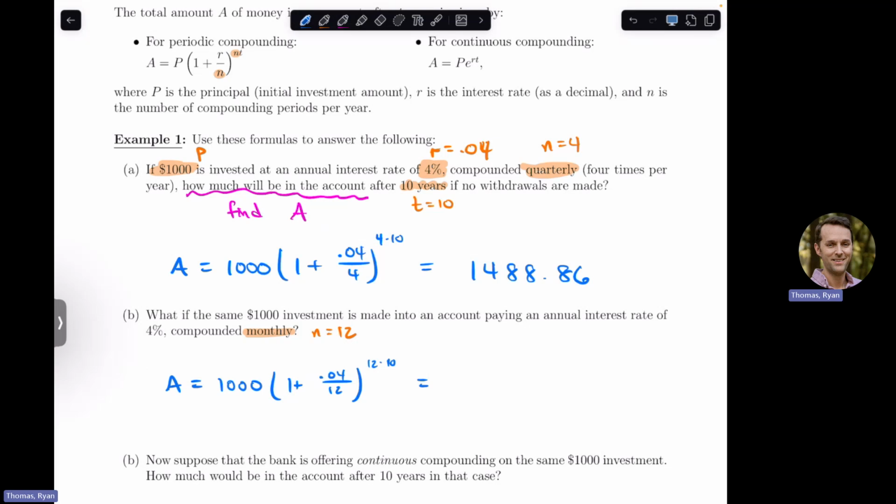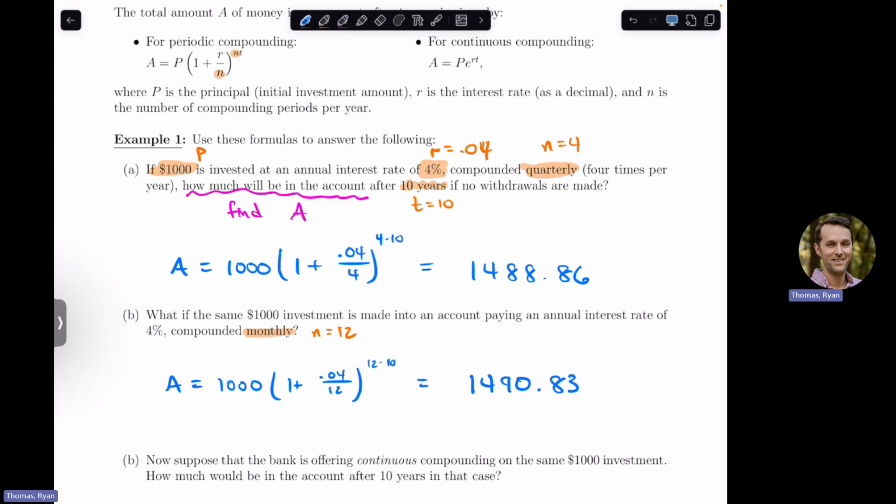It should be in the same ballpark though, right? For sure, it should definitely be around the same amount. The interest rate's the same, the amount of time is the same, the amount of money I put in is the same. I shouldn't expect to see anything radically different. What do you actually get? Okay, $1,490.83. So about $2 more. That's the way it goes.